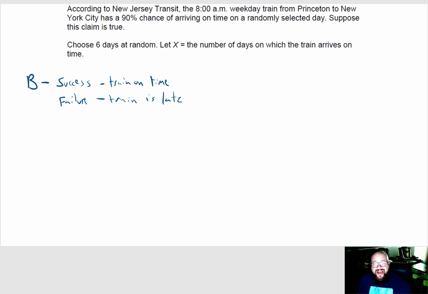Then we're going to look at I for our BINS. I is determined by whether it's independent. In this case, it's saying 90% of the time the train arrives on time each day. Is it really going to affect whether the train arrives on time tomorrow, or the next day, or anything else, if it arrives on time today?